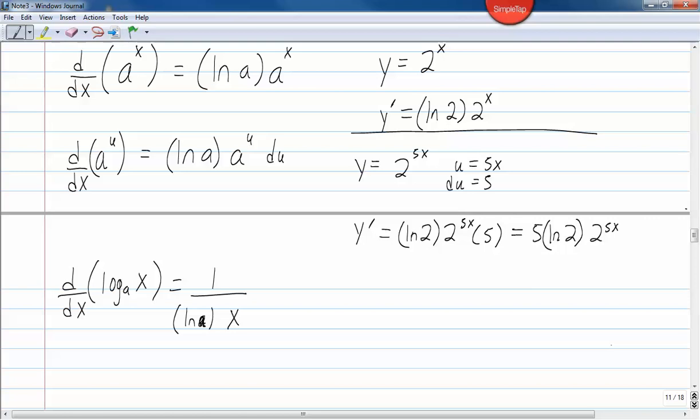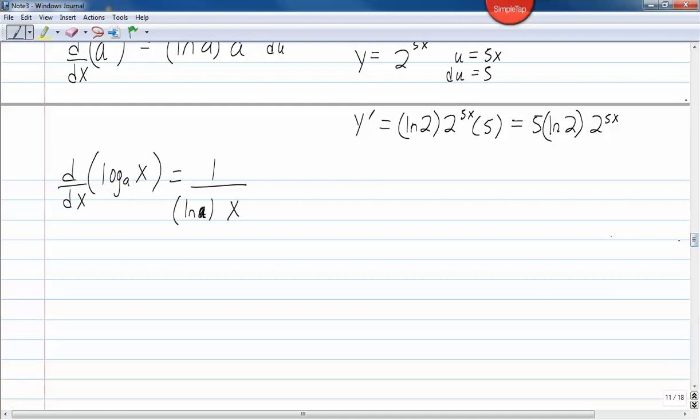That x is in the denominator. So 1 over natural log of a times x. And then, of course, anything we can do for x, we can do for u, not y-o-u.